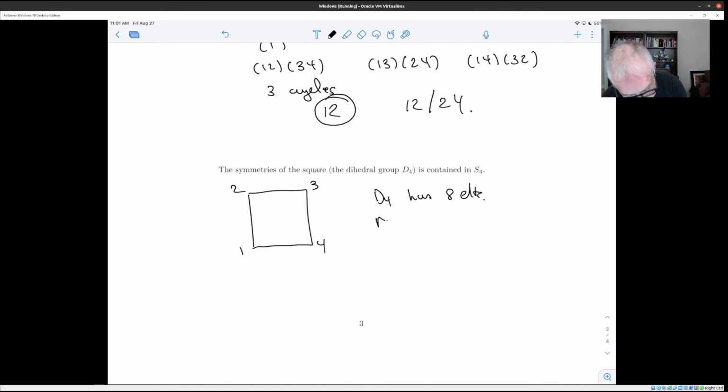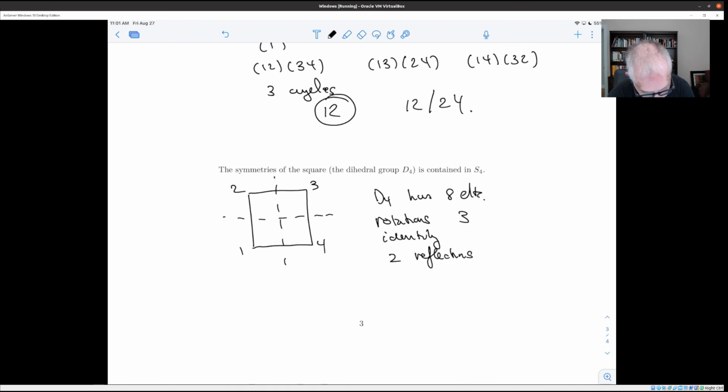There's the rotations, of which there are 3, you can turn the square once, twice, or 3 times. There's the identity element, which is if you don't turn the square at all. And then there are the reflections. There are 2 like this, and 2 reflections like this.